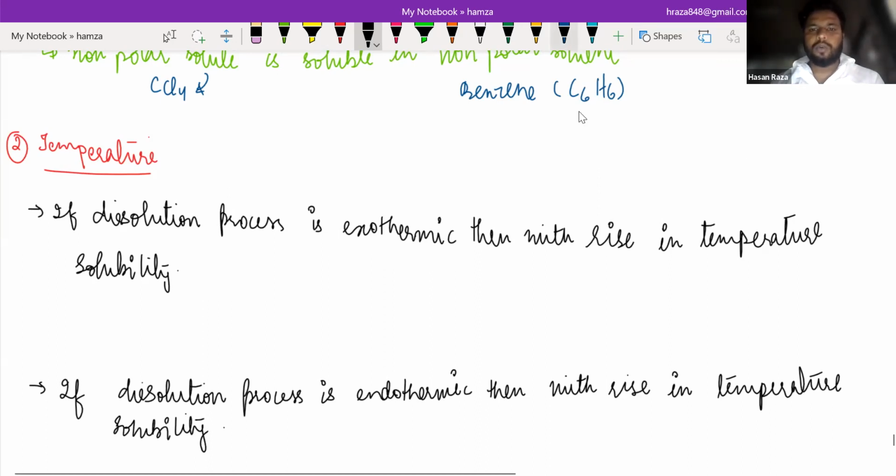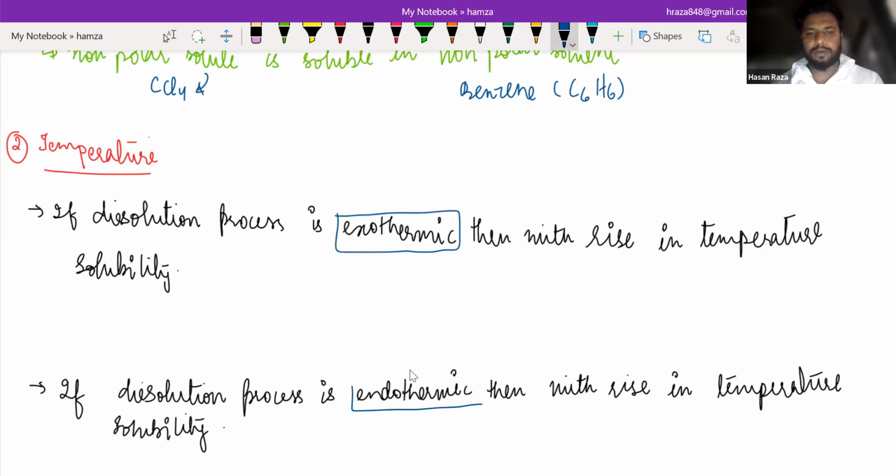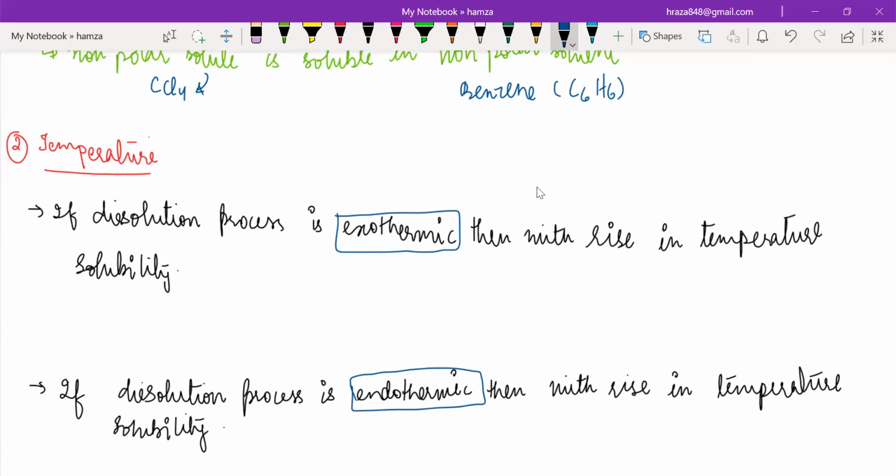So see, do you know what is exothermic process and what is endothermic process? Both of you, Fatima and Hamza. Yes, sir. So basically, you know that exothermic process is the process in which heat is coming out. That means this process already has a lot of heat, that's why it is releasing heat from the solution. That is called exothermic process.